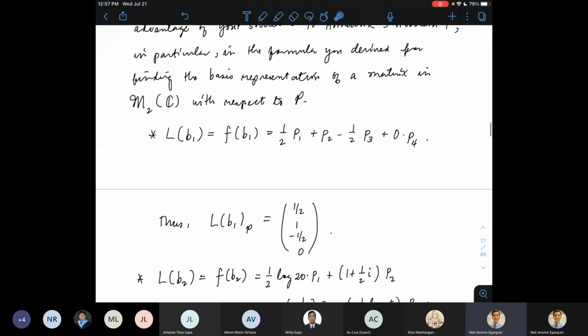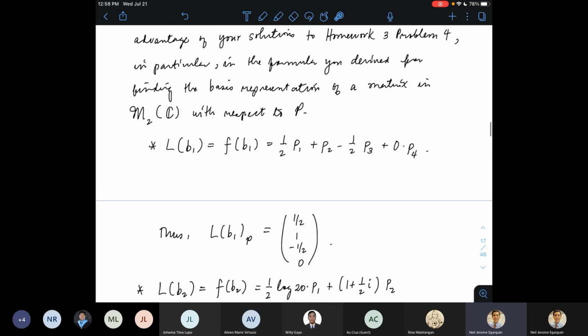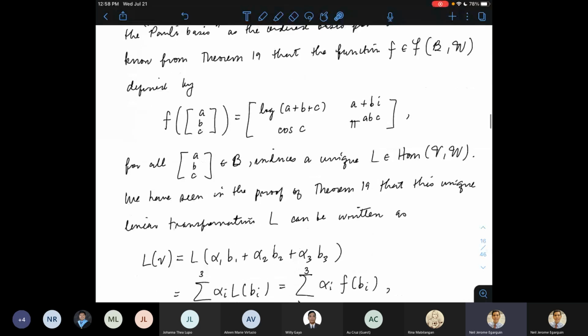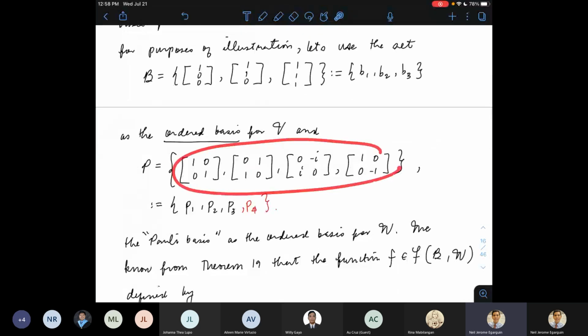So I'll start with that. I compute L of B1. What is the function value of the first basis element? But I already know that that is f of B1. And I want to write f of B1 in terms of a summation of scalar multiples of the poly matrices, right? So P1, P2, P3, P4, again, these are the poly matrices.